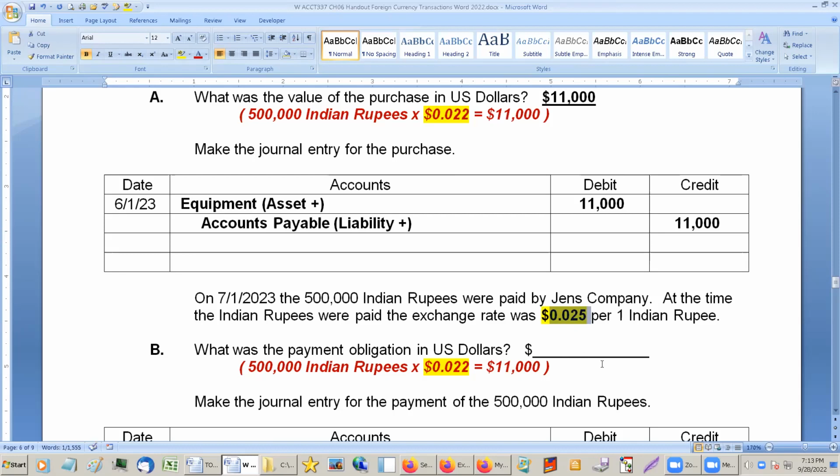That would be an increase in value by 12 times or something. So I'm sorry, change that to 0.025. So whatever that is, 12,500. So make sure you make this change here.